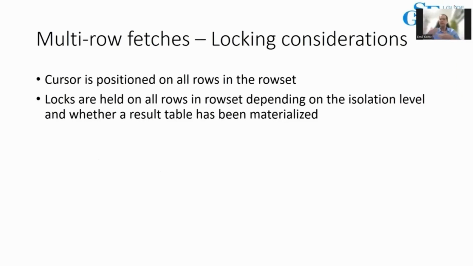That might really have implications for the application from the locking perspective. So really be careful, because it's not as simple as changing your application to fetch 1000 rows; you may see problems, contention, deadlocks and so on. So be careful.